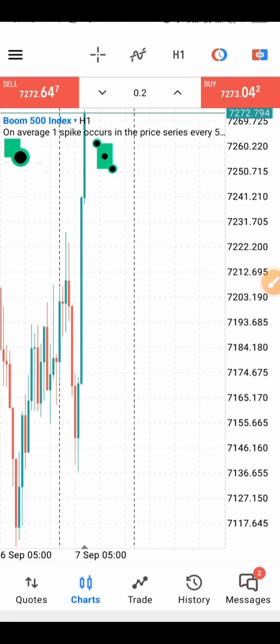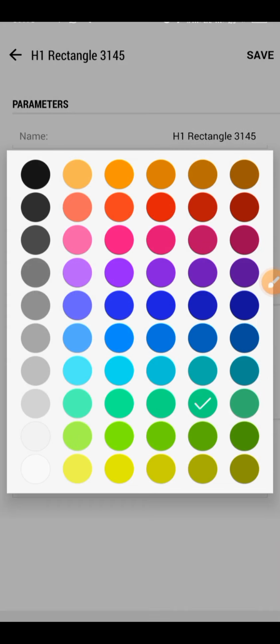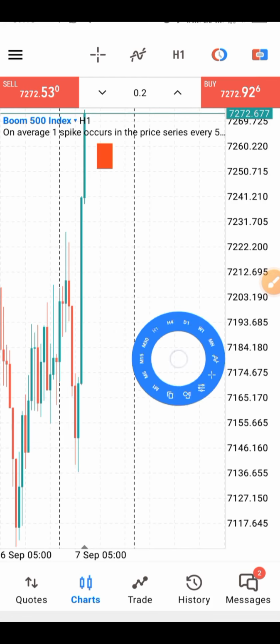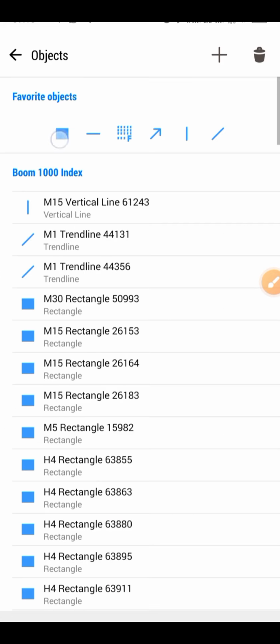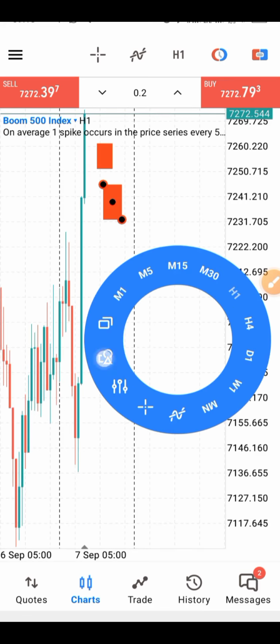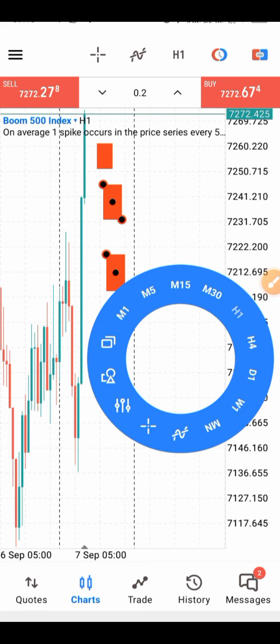This will be red. We need something like this.